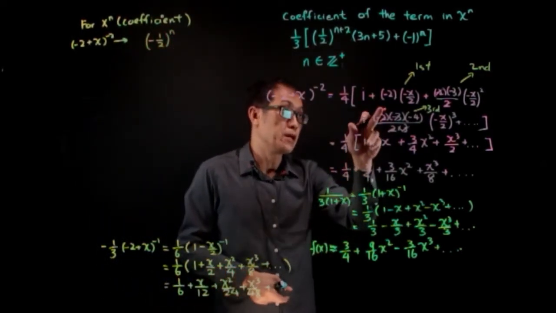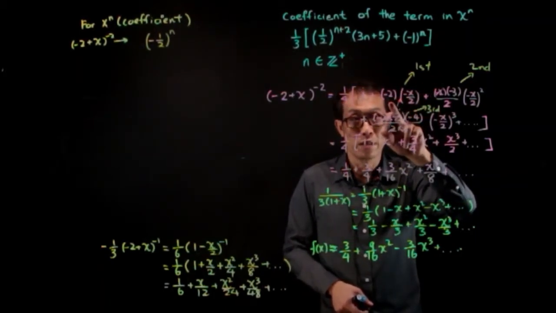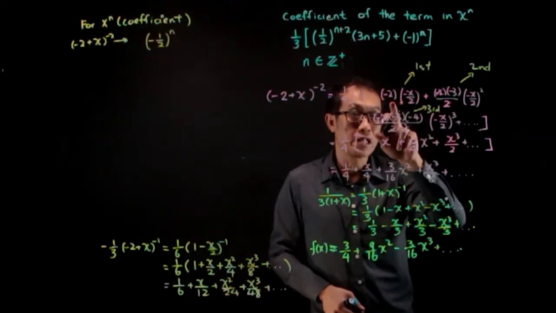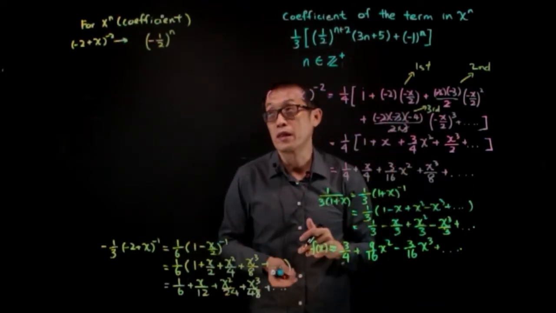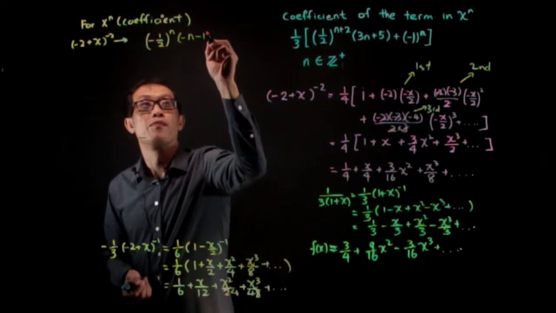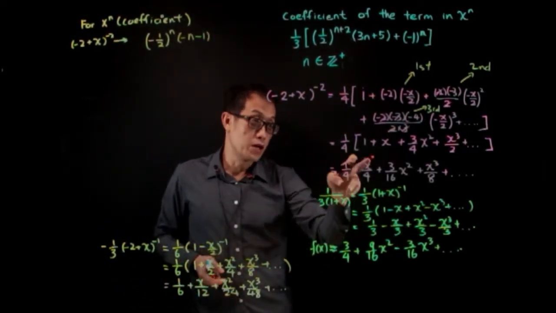Now how about the number in front of it? Here n is 1, and n is 2. So you realize this is minus n minus 1. But if you look closely, these are all positive.